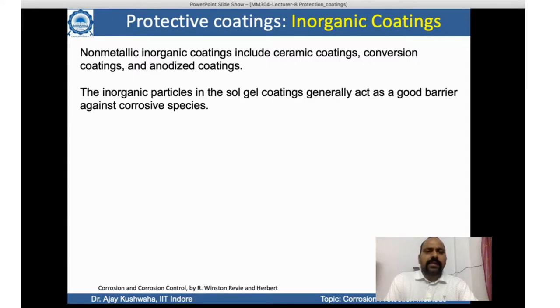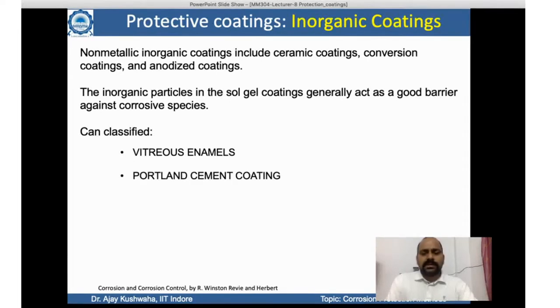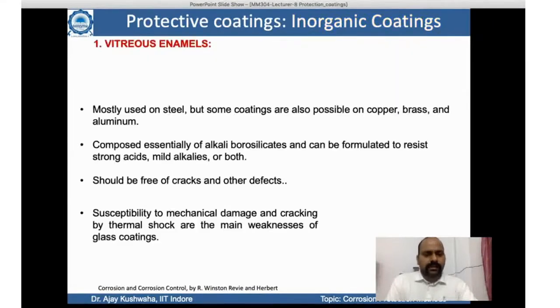The inorganic particles in the sol gel coating generally act as a good barrier against corrosive species. They can be classified as vitreous enamels, Portland cement coating, and chemical conversion coatings. So these three we can name based on the type of system.